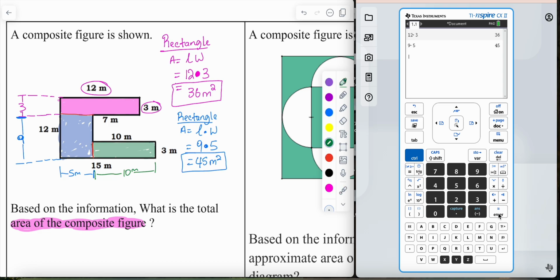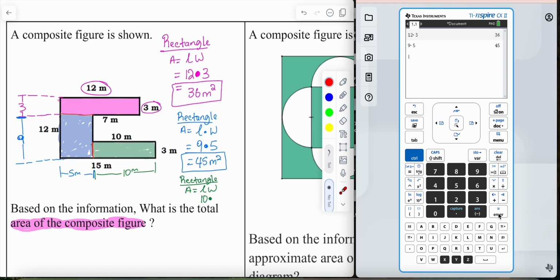So I'm going to put rectangle. And the same area for the rectangle is going to be the length times the width. So this one is an easy one. So for the green one, you notice that the length right here is 10. From here to here is 10. So we're going to put 10.